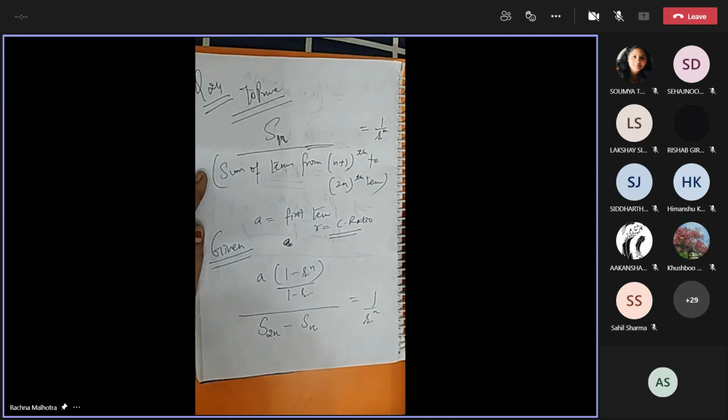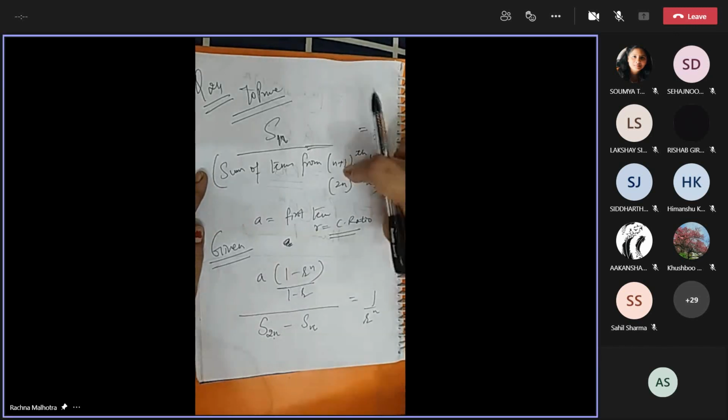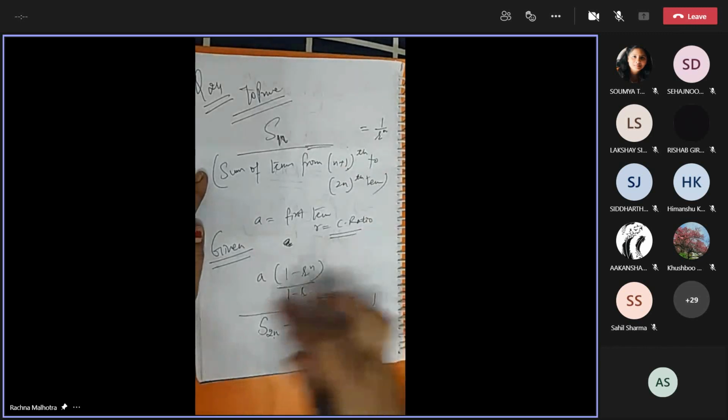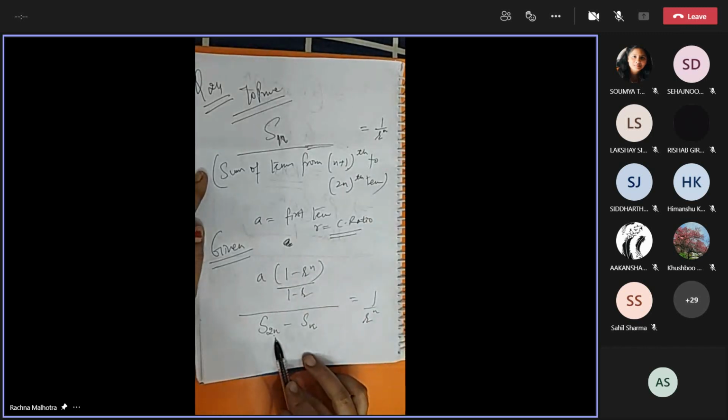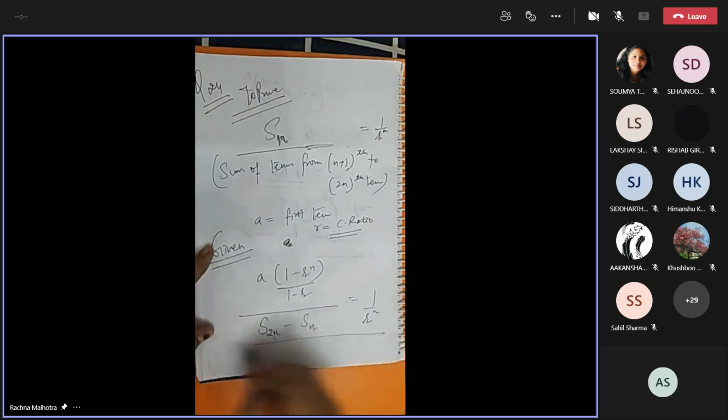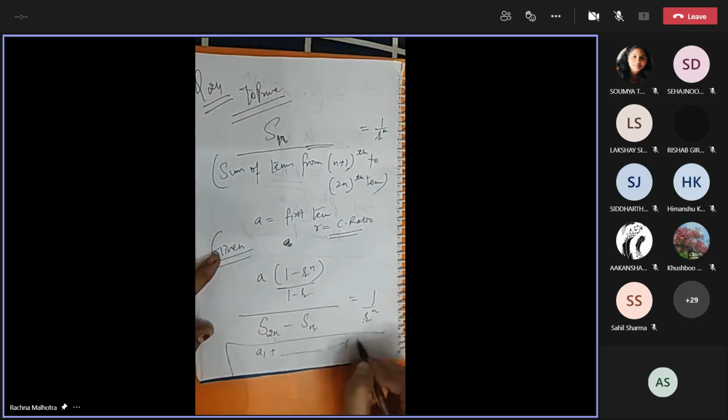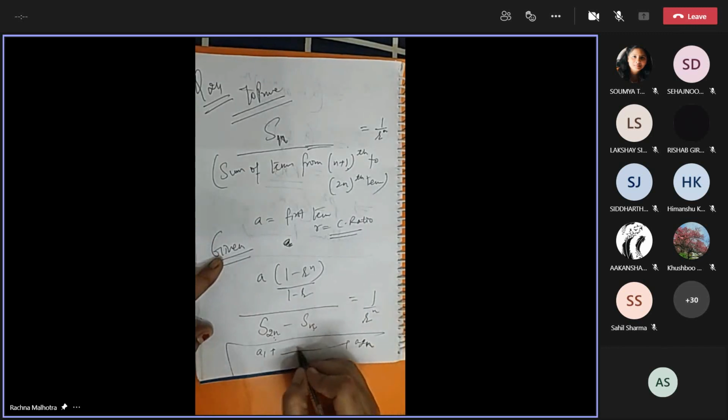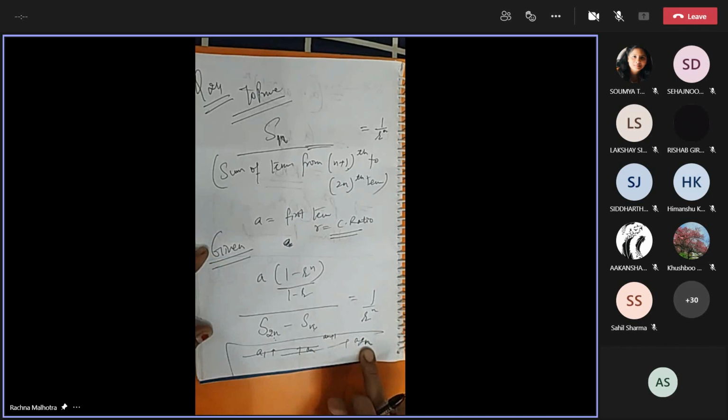Understood or not? Can we write n plus 1 to 2n terms in this way? There are 2n terms in total. If you remove the sum up to n terms, I'm showing you in rough work, total 2n terms are there, if you remove up to n terms, you will get the sum of terms starting from n plus 1 to 2n.